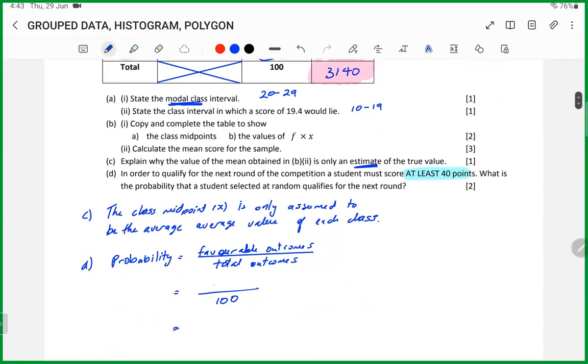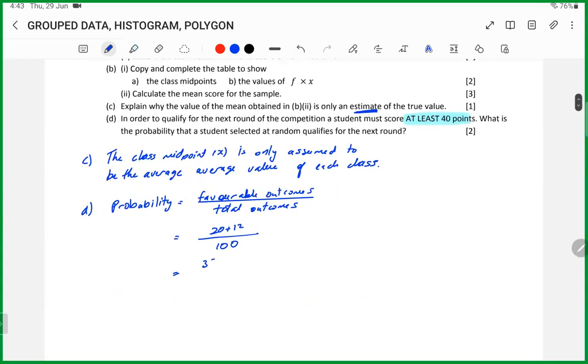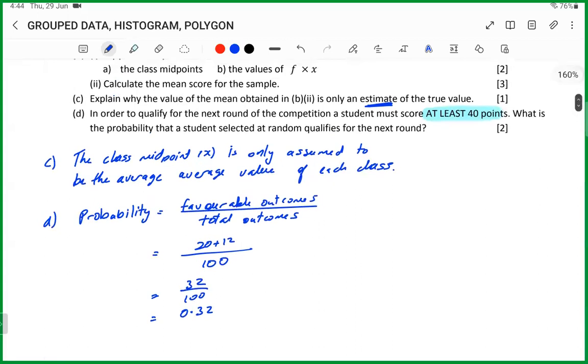So 20 plus 12 gives me 32 over 100, and that will just be 0.32. Okay, I'll give you a second to copy down the answers for C and D, and then we'll move on to histograms.